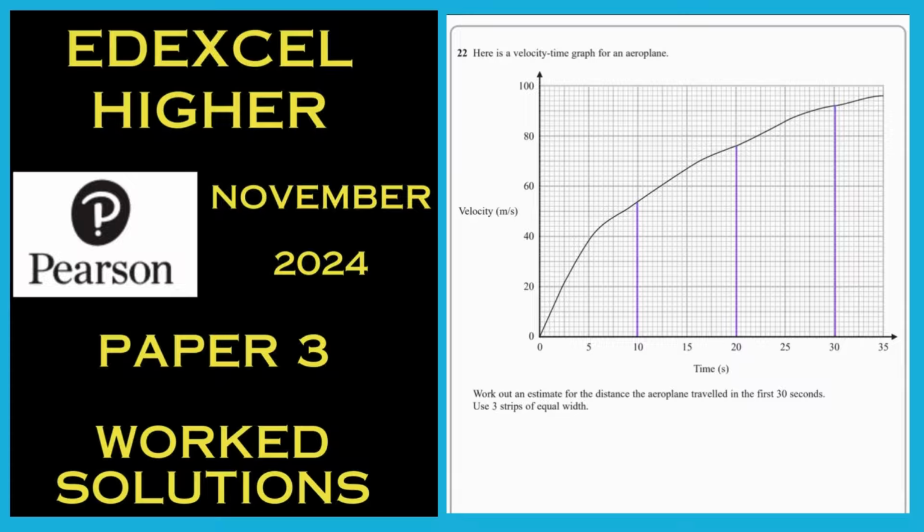What we're interested in is these heights. That height is at 54. That height is at 76. And that height, just over the 90, is at 92.